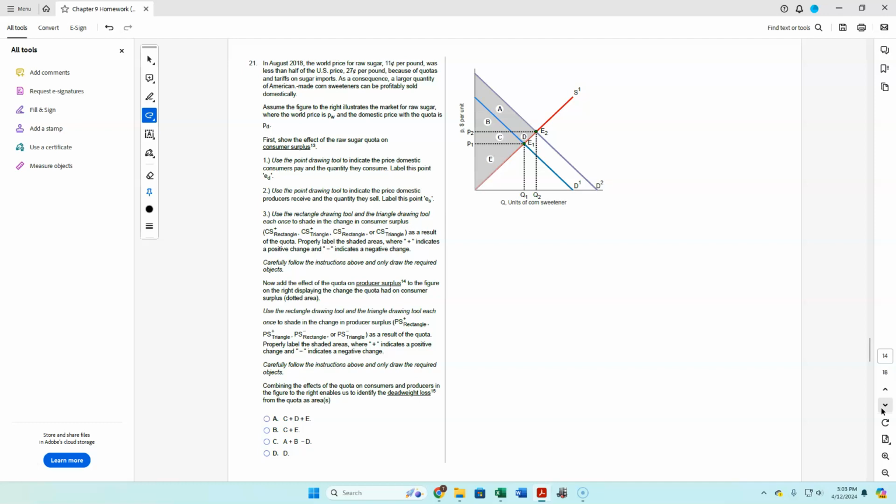Deadweight loss from a quota. So here, I'm going to do my best to remove number 20.